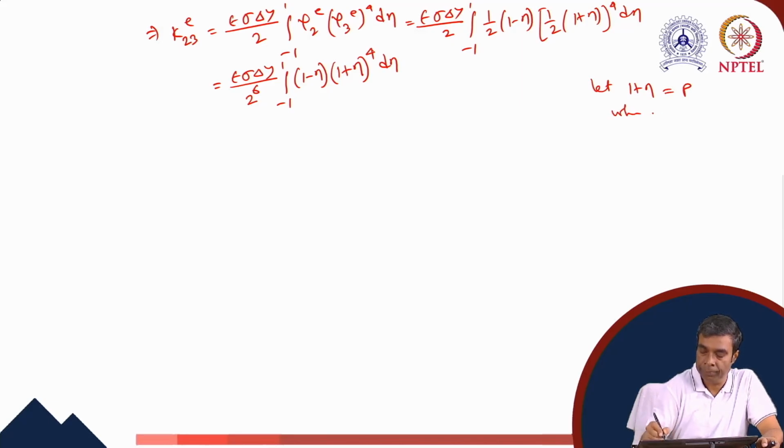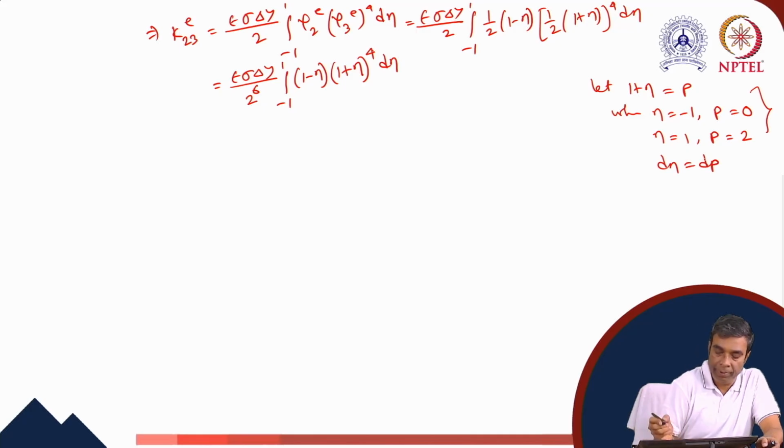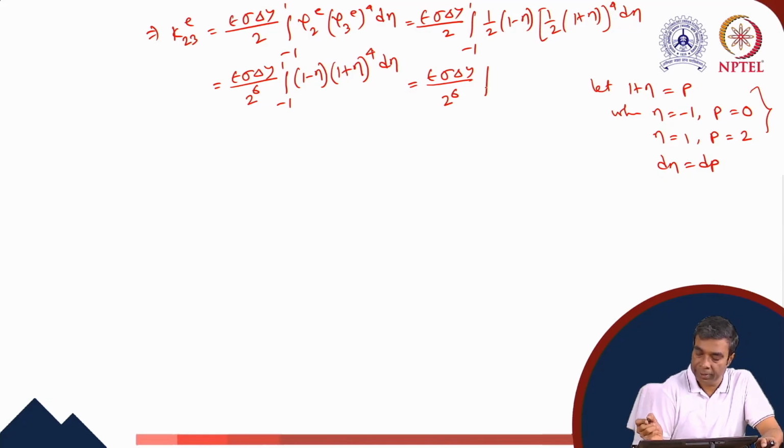When eta equals to -1, p equals to 0, and eta equals to 1, p equals to 2, and d eta equals to dp. So this gives us epsilon sigma delta y by 2 to the power 6. The limit of integration is from 0 to 2.